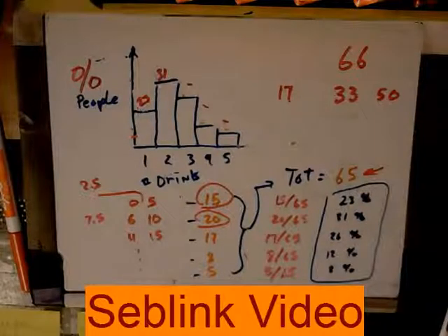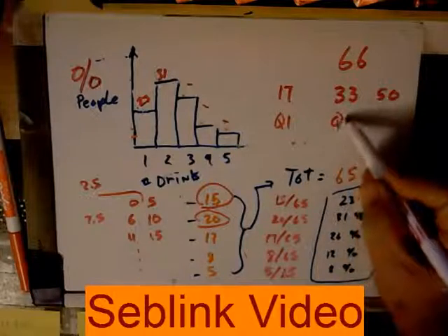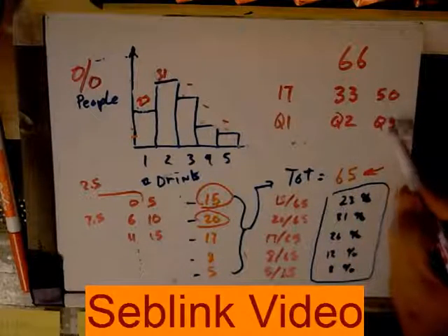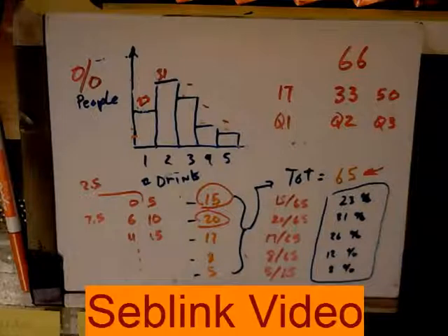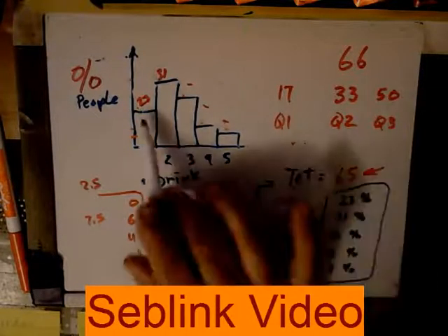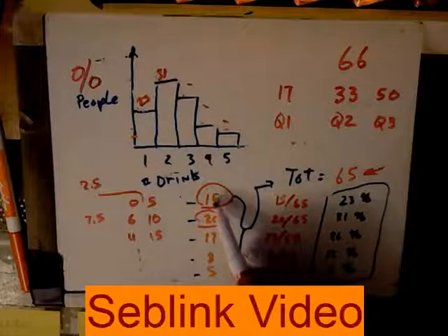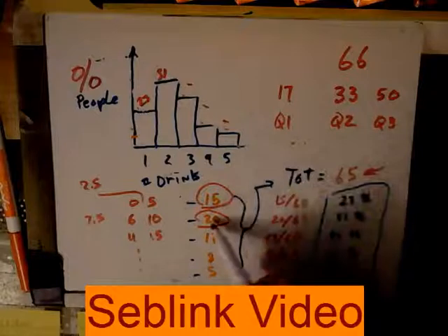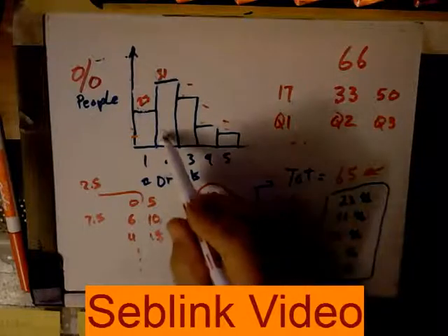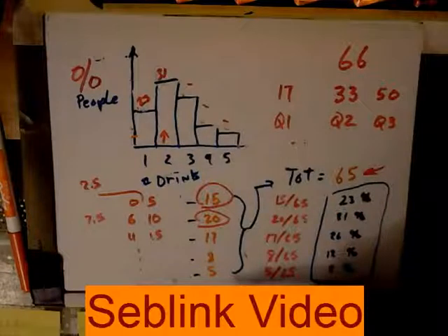Okay, so now that we've decided that this is Q1, and this is the Q2 or median position, and this is Q3, how do I find this point? So I'm going to count up to 17. Well, there's 15. And the next person to get to 17, that would put me in this category. So my Q1 would fall somewhere in that column.